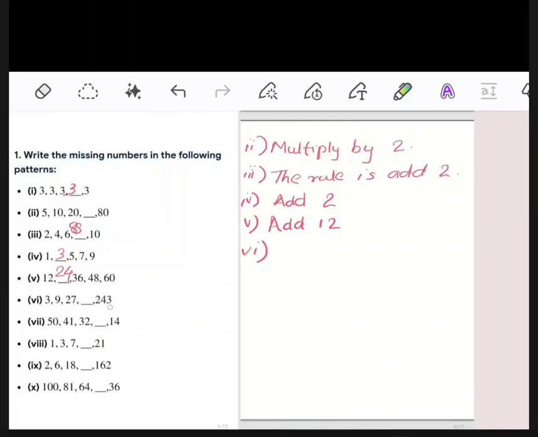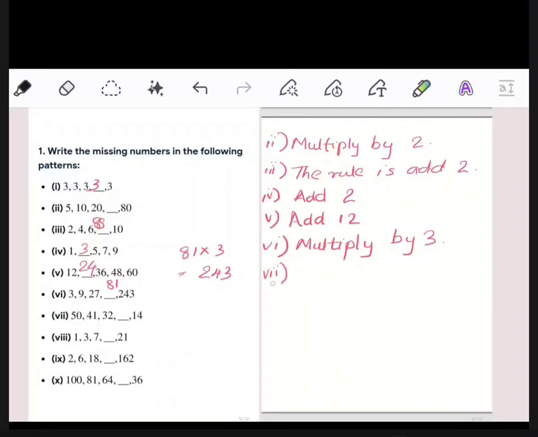We can check for the next number: 81 into 3, after doing this we get 243. So the number here is 81. So the rule is multiply by 3. Okay, clear?